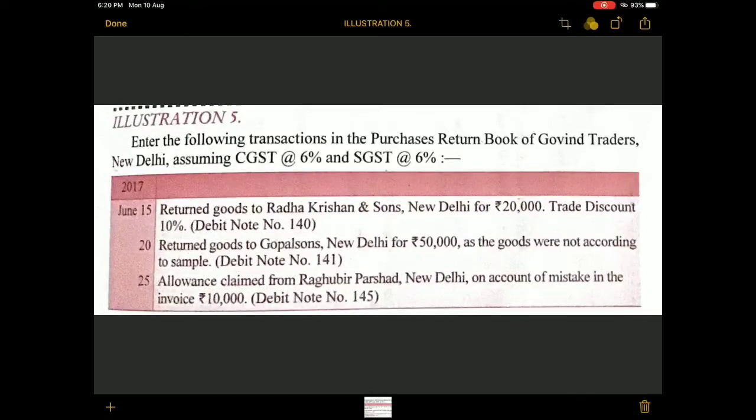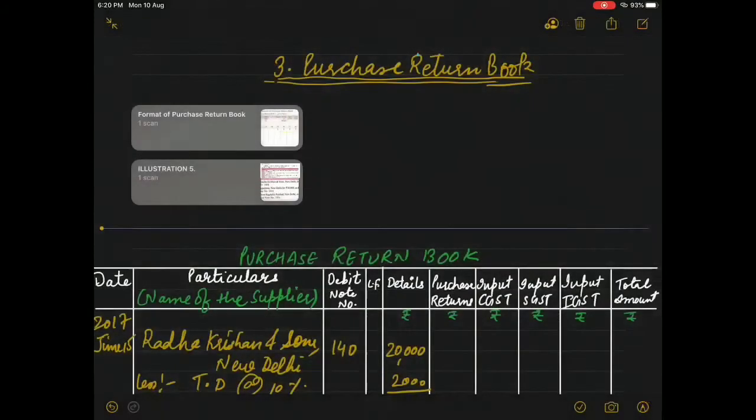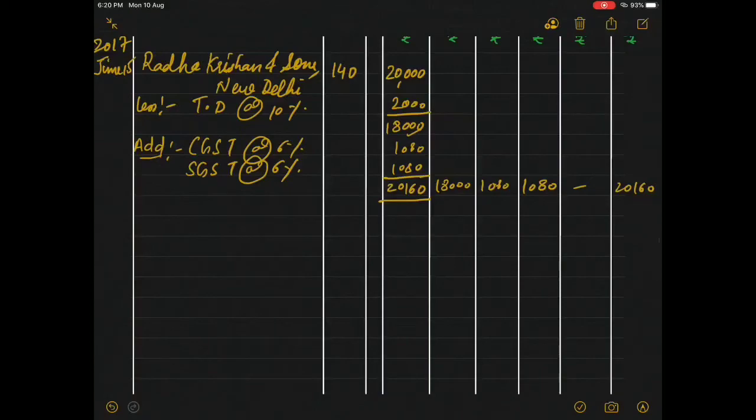The next transaction is June 20. Returned goods to Gopal Sons, New Delhi, for rupees 50,000 as the goods were not according to the sample. This is the reason for returning the goods. Debit note number is 141. Gopal Sons, New Delhi.